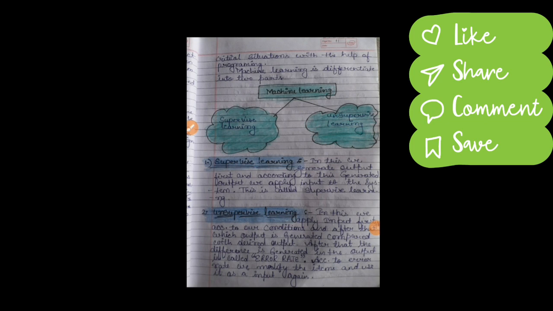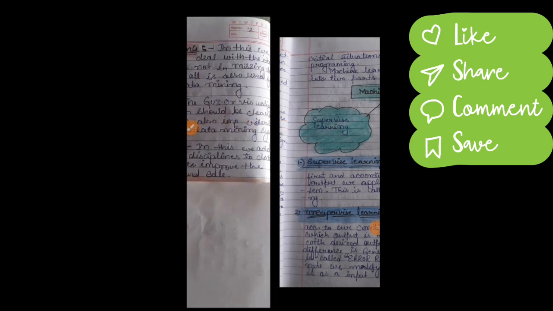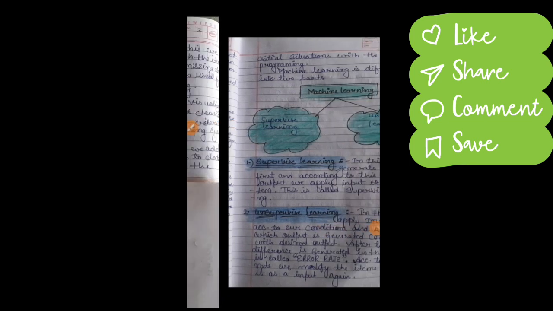In this we apply input first according to our condition, and the output that is generated is compared with the desired output. The difference in the output is called the error rate. According to the error rate, we modify the item and use it as input again. So this is the machine learning topic we have discussed.